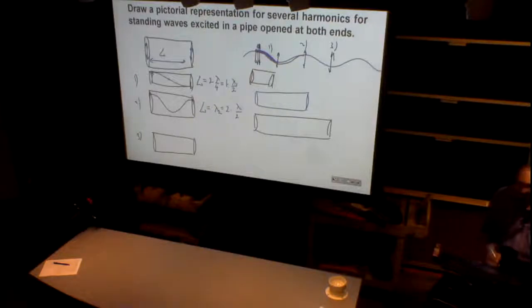We want to write it in terms of halves. Now, next one. Up and again down. So we need to add one more half of a wavelength.